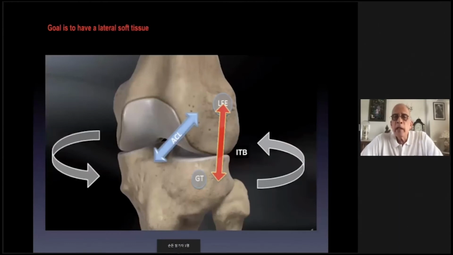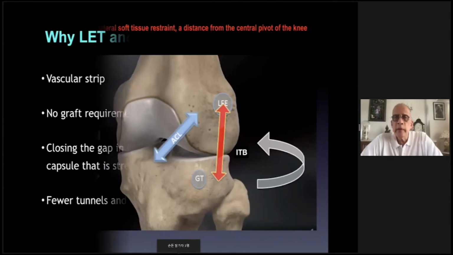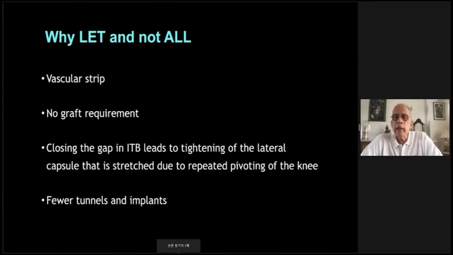The basic goal of all these lateral extra-articular reconstructions or augmentations is basically to provide support on the lateral side well away from the central pivot of the knee, and this is what each of these procedures is trying to achieve.